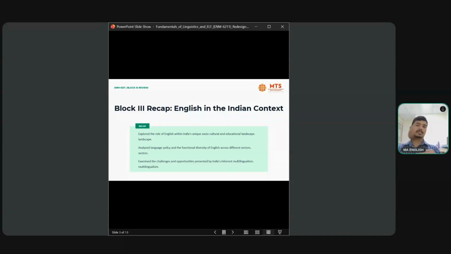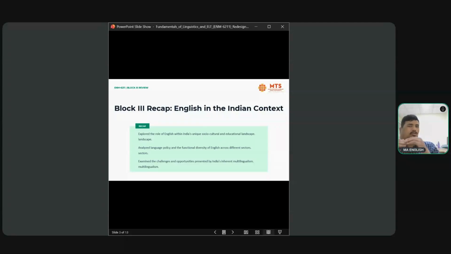So we also examined the challenges and opportunities that come from India's multilingualism. On one hand, having many languages can make English teaching complicated. However, on the other hand, multilingual students are often better language learners because they are already used to switching between languages.